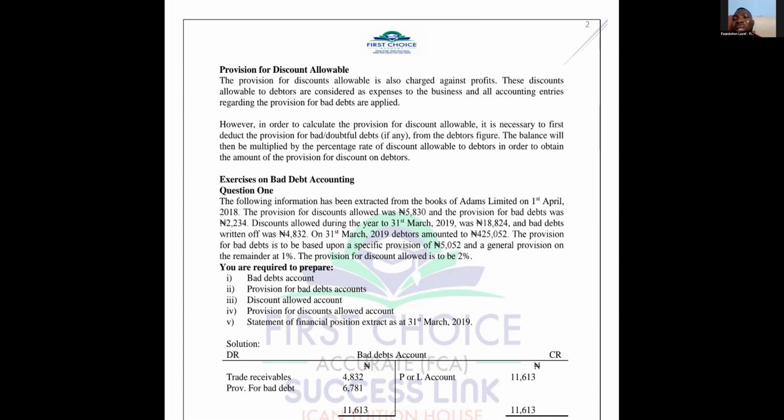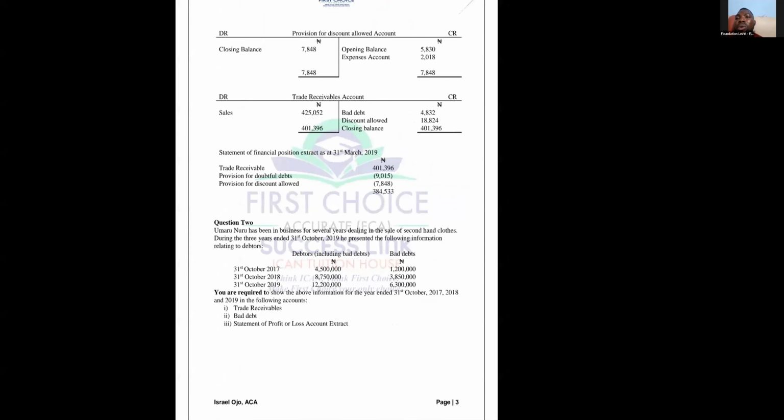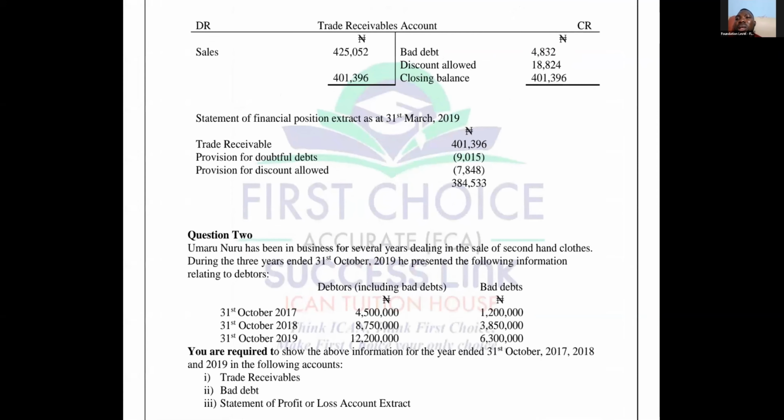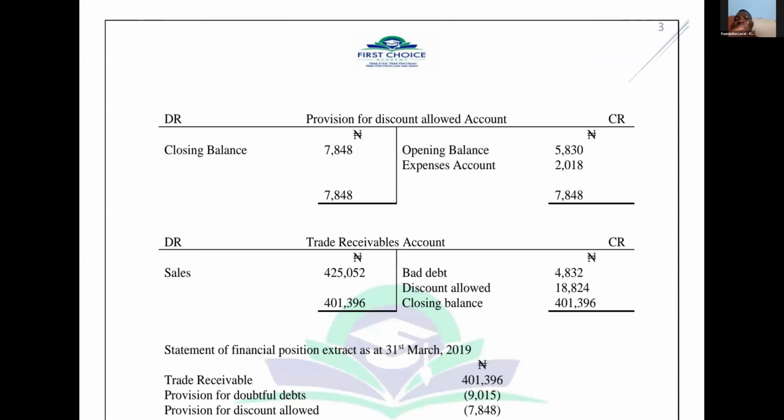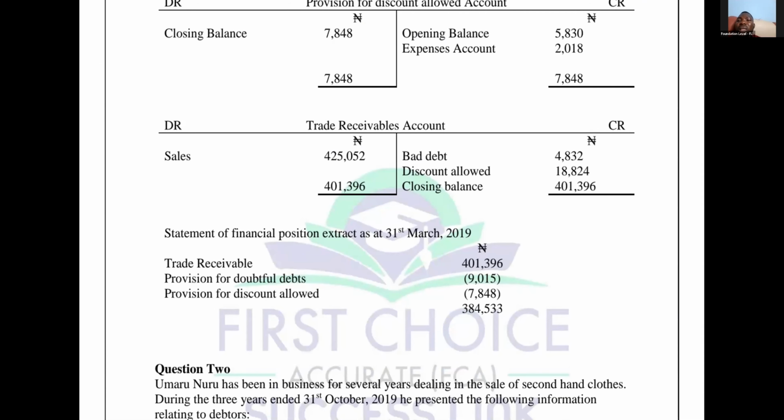For us to calculate the 1%, it will be from the balance carried down from the trade receivables. If you look at it here, under our trade receivables, our closing balance is 401,396.